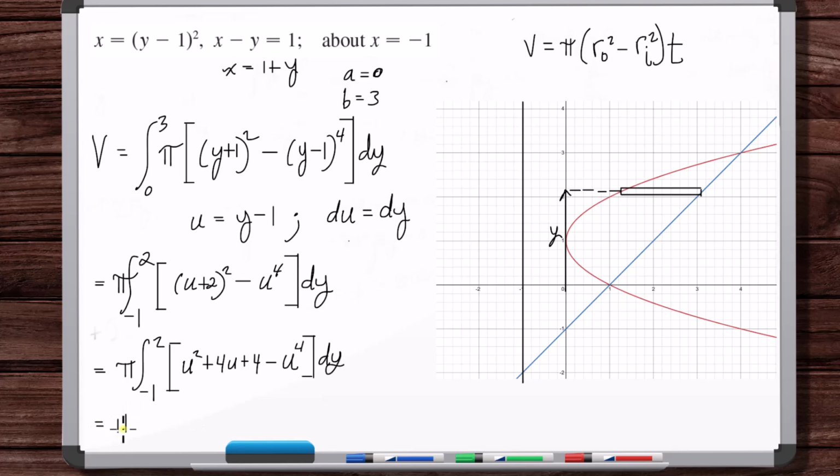Okay, now let's do the integral. So 1/3 u cubed plus 2u squared plus 4u minus 1/5 u to the 5th, going from minus 1 to 2.